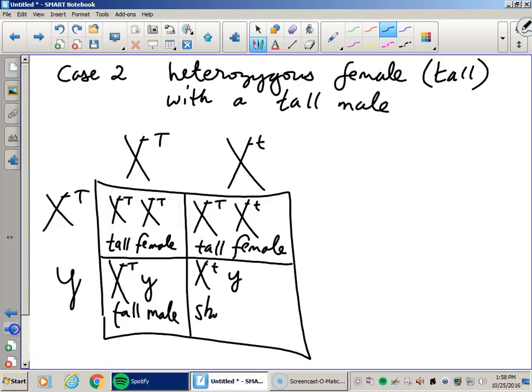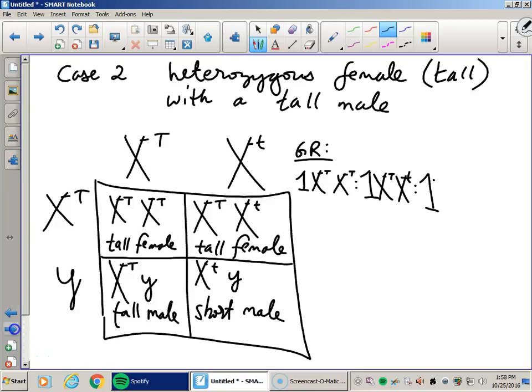Okay? So you see then that with X-linked inheritance, your gender can have an impact on your probable phenotype outcome. So genotypic ratio looks like this. We've got 1 X big T X big T to 1 carrier female to 1 tall male to 1 short male.